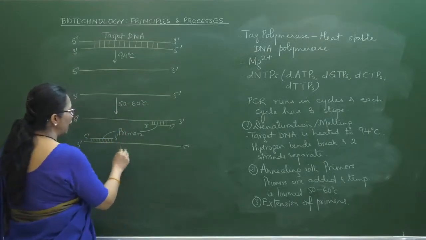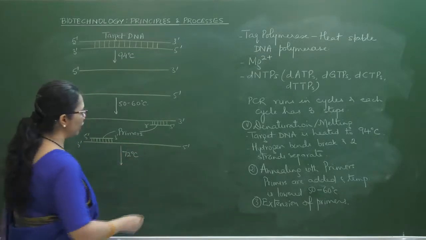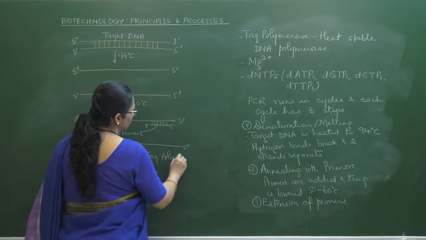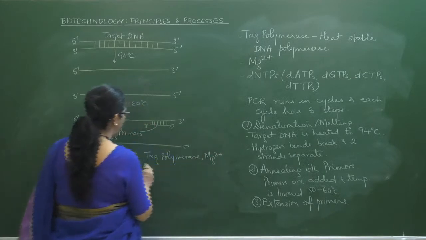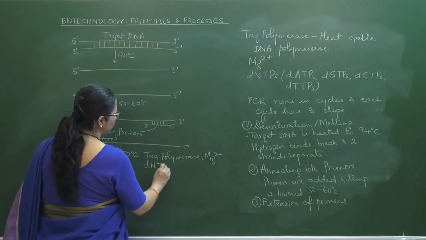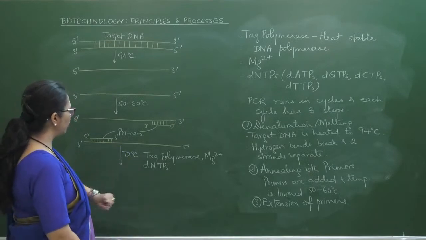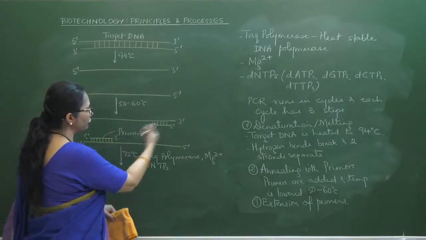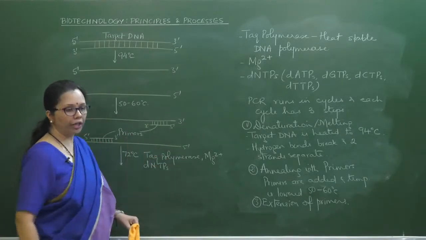Now 72 degrees Celsius temperature is there, and Taq polymerase is added, its cofactor is there, and dNTPs are also added. Now there is a DNA polymerase available, so these primers will start transferring the nucleotides one after the other, so that the chain elongates.